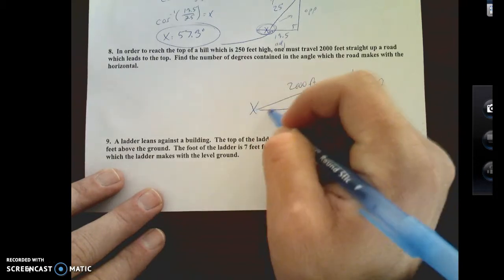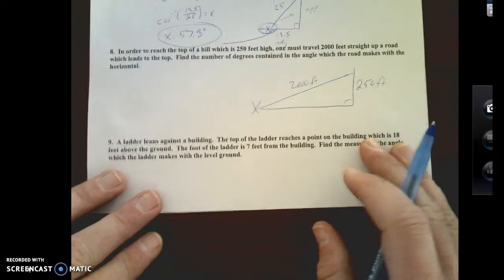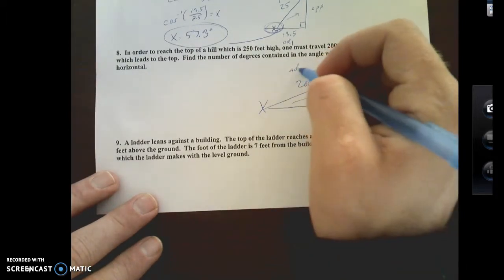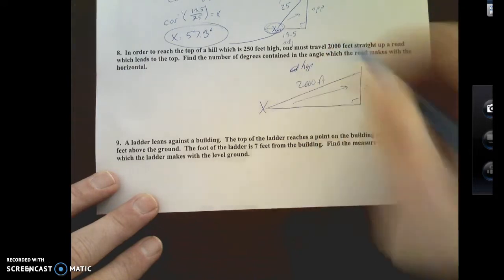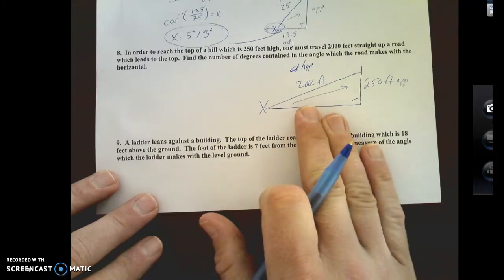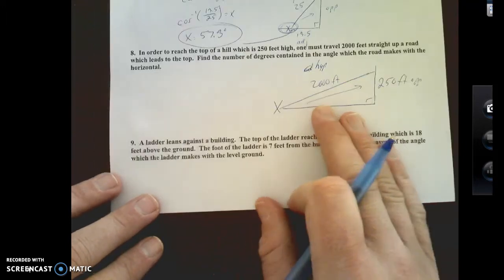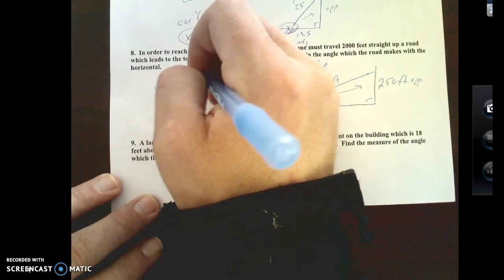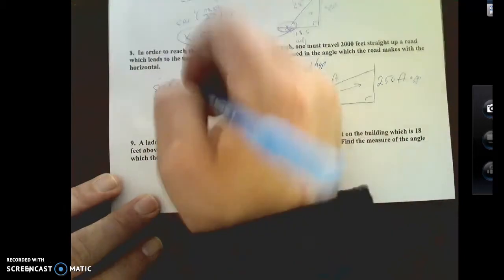So I'm trying to find this angle right here. Across from it, opposite, there's my hypotenuse. I'm trying to get too quick here. So take what they give you. They're giving me O and H. So sine of X equals O, 250, over H, which is 2,000.